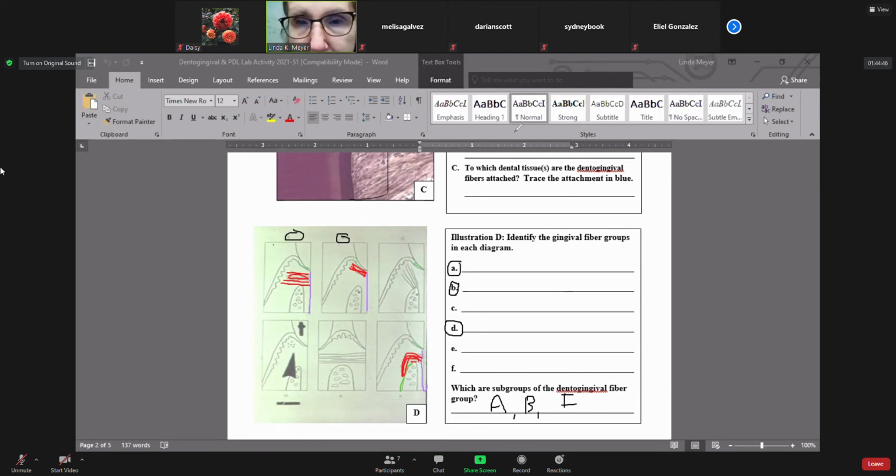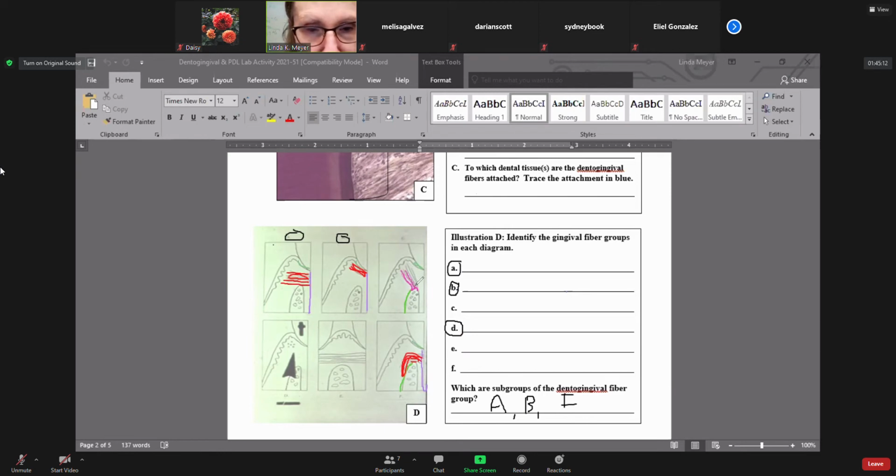Okay, and then in letter C, I'm just drawing the periosteum of the alveolar bone covering on this buccal lingual view. But at the crest, which is right here, the alveolar crest, I have fibers that go out into the gingiva.